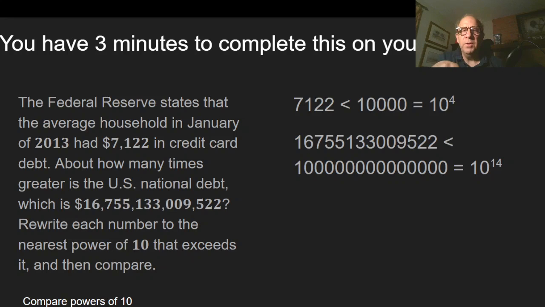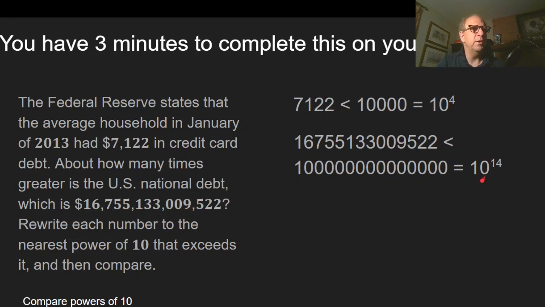So 7,000 is about 10,000. So we do 10 to the fourth. 16 trillion, it's closer to 10 trillion than it is to 100 trillion. So we're just going to count the number of digits here. If I count them, that's why we have these commas here. 3, 6, 9, 12, 13, 14.